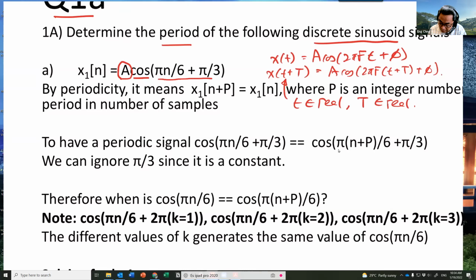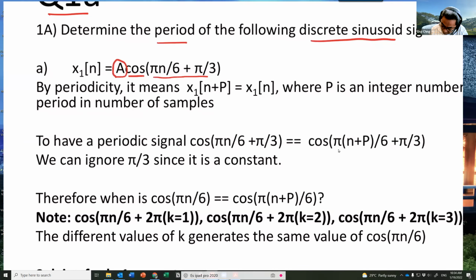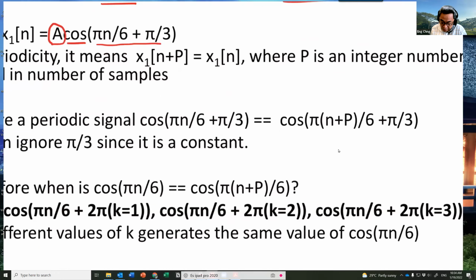However, in discrete time, you must be very careful because sometimes the signal is not periodic, even though it is a cosine or a sine. So what are we interested in? Well, the idea is this. We write the equation. We can ignore the constant A because that's useless.